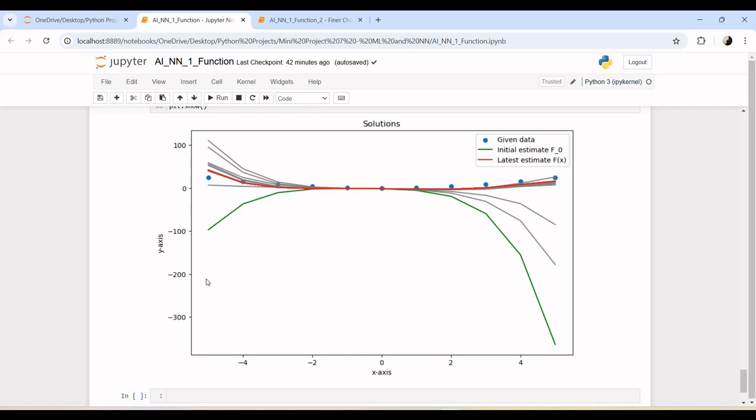So we see here from the initial downward bending estimate, our curve kept just getting a little bit better, trying to curve more into the x squared shape until it actually became more of an even degree polynomial.